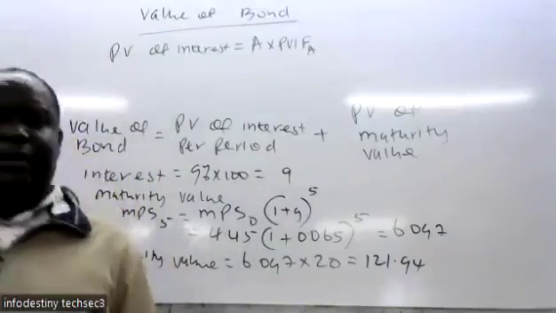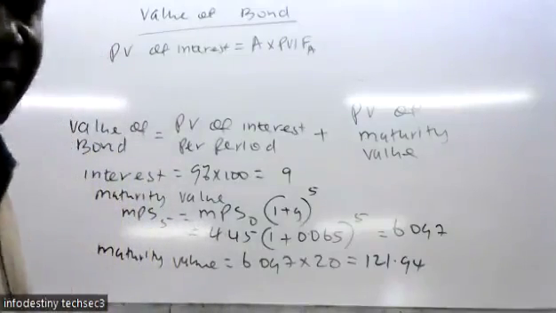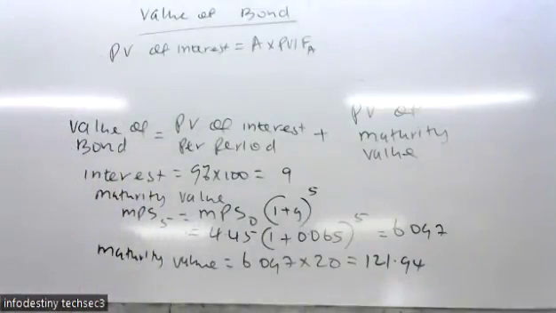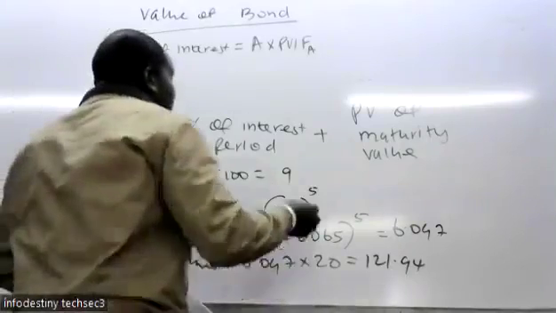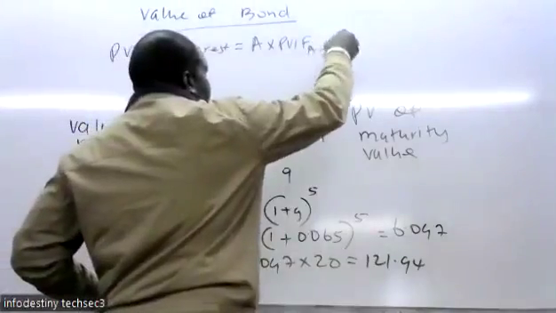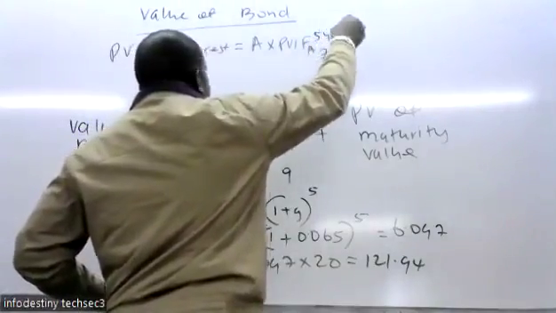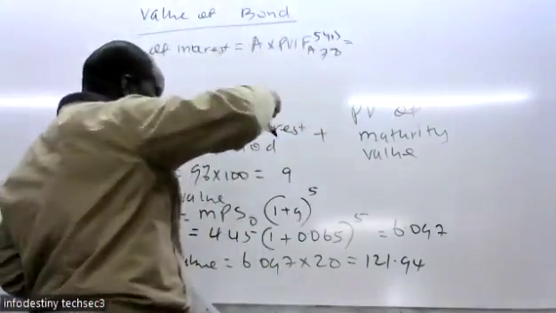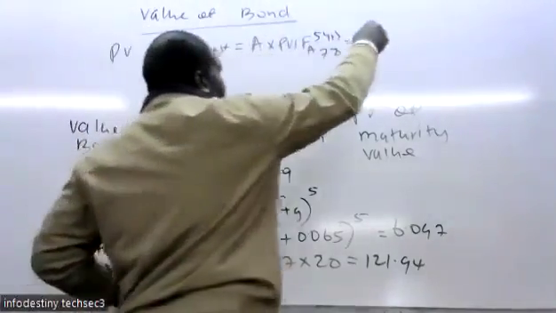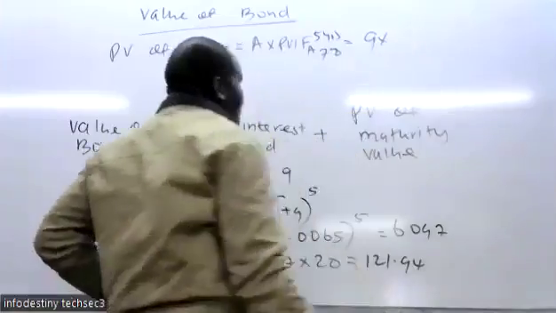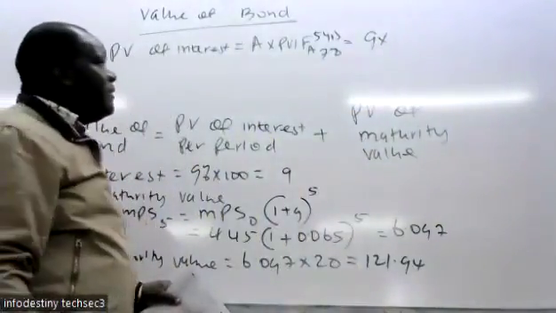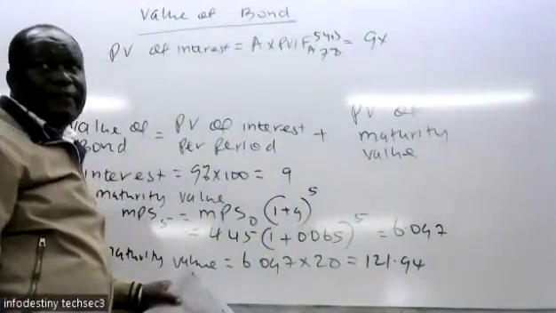You can see the cost of debt is given as 7%, for 5 years. The annuity, the interest, is 9. Then what is the factor for 7% in year 5?